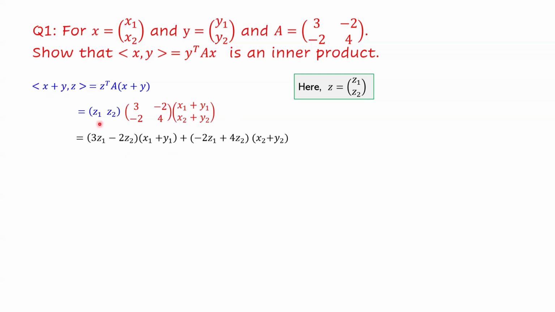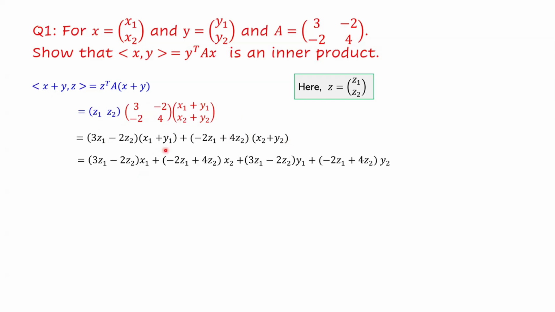Then we multiply this: 3z1 minus 2z2, multiplied by x1 plus y1, and then minus 2z1 plus 4z2, multiplied by x2 plus y2.